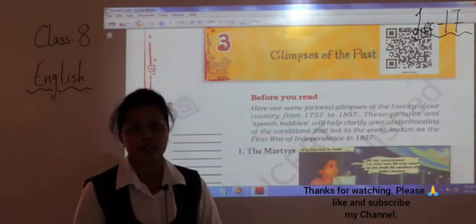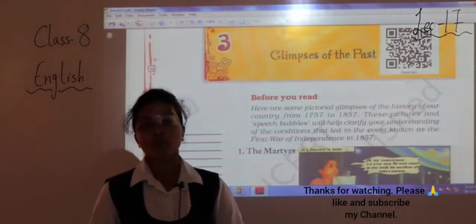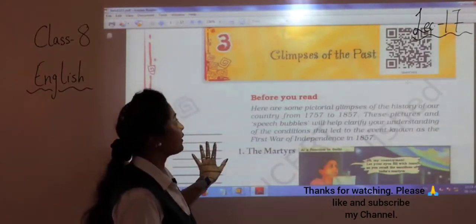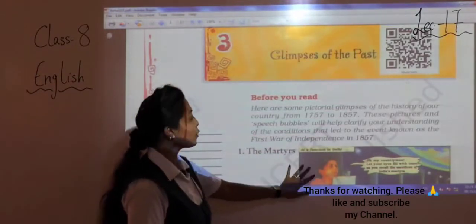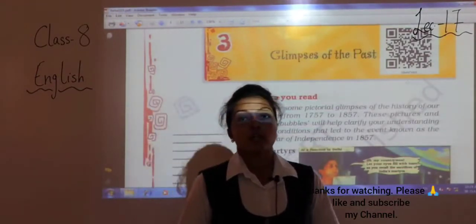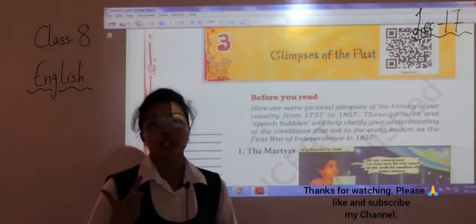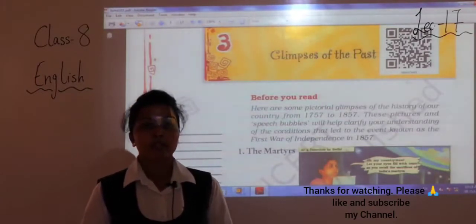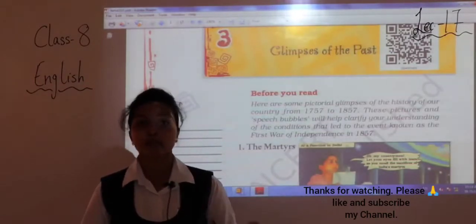Now pay attention here. Firstly, we are going to do the explanation portion of this unit. Unit 3 is Glimpses of the Past. In this we are going to read about the persons who sacrificed their lives for the freedom of our India, we can say the freedom fighters.